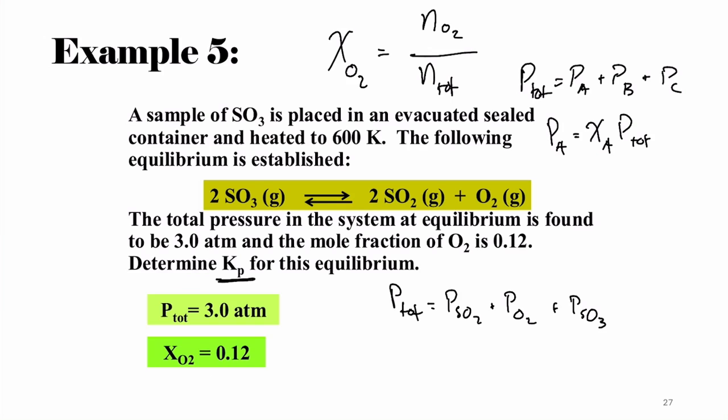And so PO2 is then equal to what? PO2 should be equal to 0.36, because we have P total times the mole fraction of O2, which is 0.12.